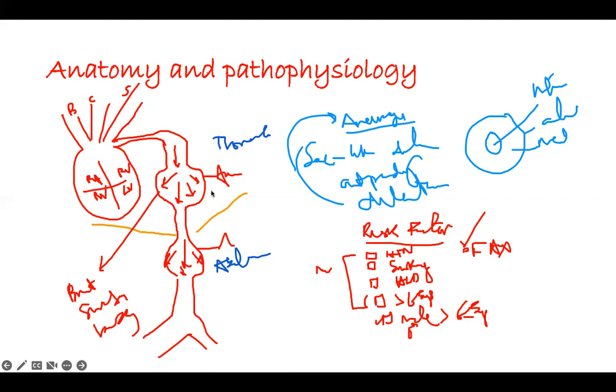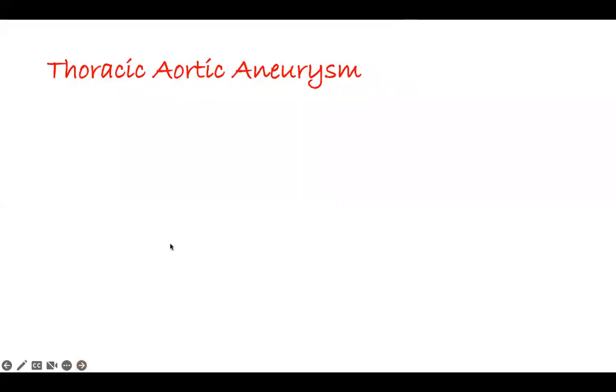And this is just a general idea of what aneurysm is and the location. That's why we call one thoracic, the other one abdominal aortic aneurysm. So we'll start with the thoracic aneurysm.